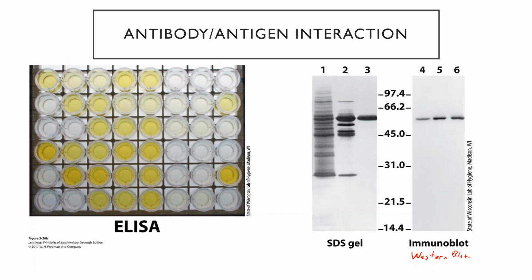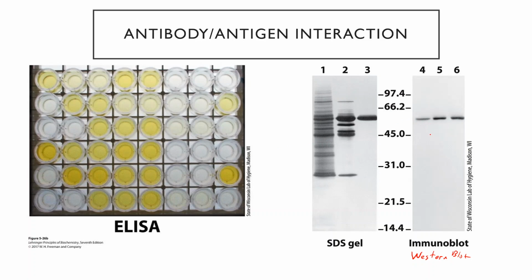And then you take that piece of paper and incubate it with, again, a primary antibody against the protein or the molecule you're looking for, a secondary antibody which binds to the primary antibody, and then some sort of visible marker. Again, it can be an enzyme. In the old days, this used to be done with radioactivity, but in any case, you will then see a band, hopefully, that corresponds to just your protein.